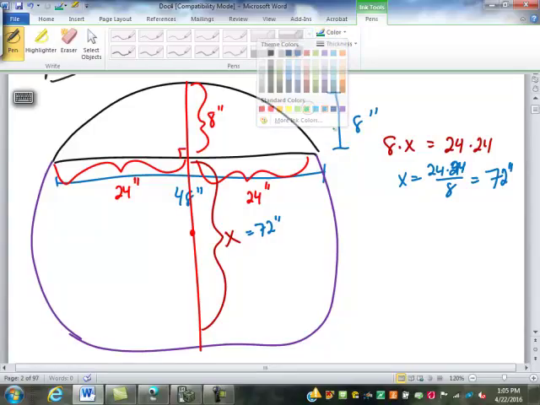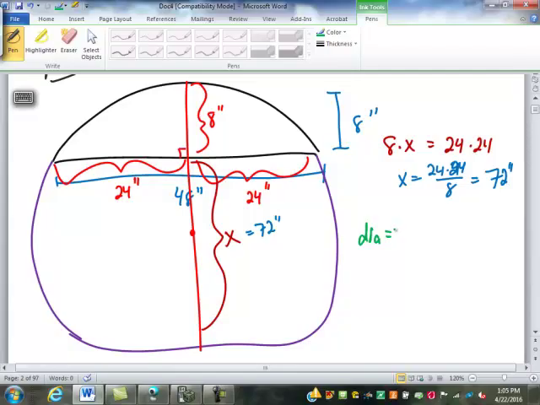So now what does that tell us about the circle? What's the diameter of that circle? Is it 72? No, it's 80. Where did 80 come from? 72 plus 8. So I have a radius of 40, just half of that diameter.